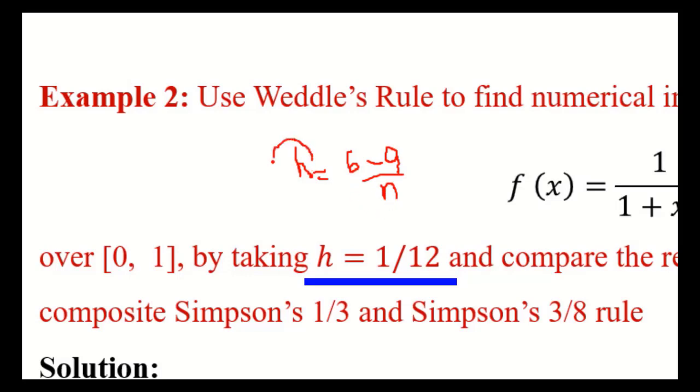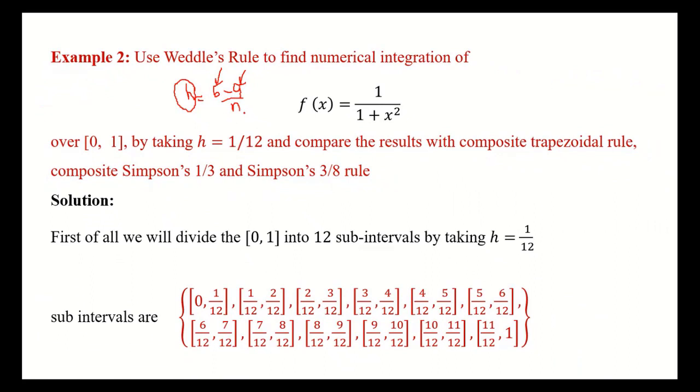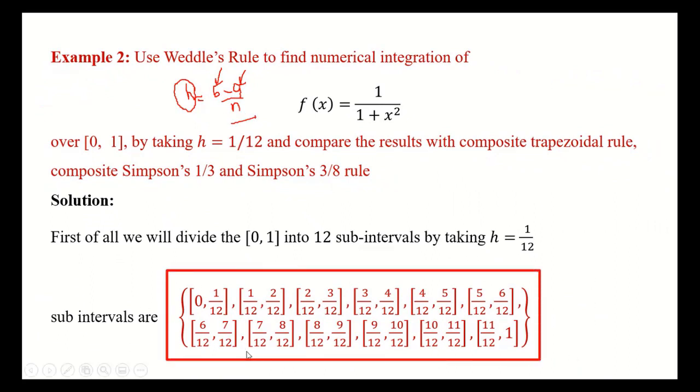So if we substitute h equal to 1 by 12, b equal to 1 and a equal to 0, we will get n equal to 12. So these are the subintervals. Each interval has the width 1 by 12.